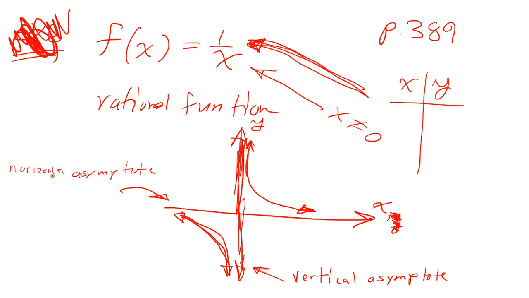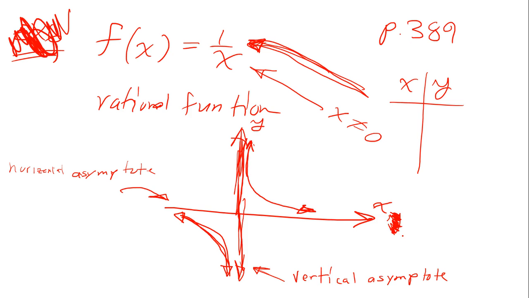So your horizontal asymptote is the x-axis, and your vertical asymptote is the y-axis, basically for this graph. If you know the difference between horizontal and vertical, you should be fine with this. Just know the word asymptote.